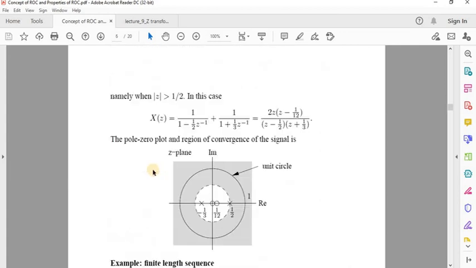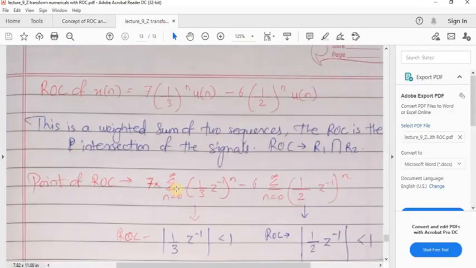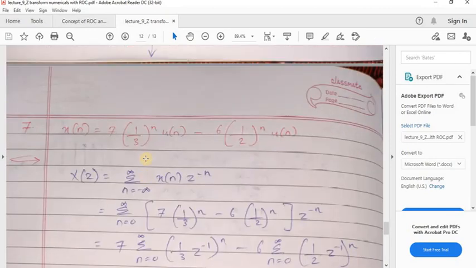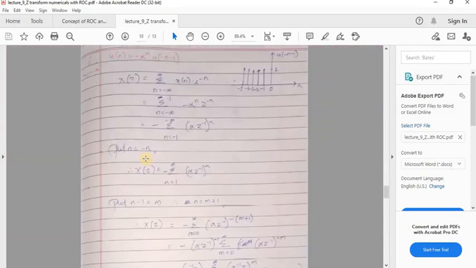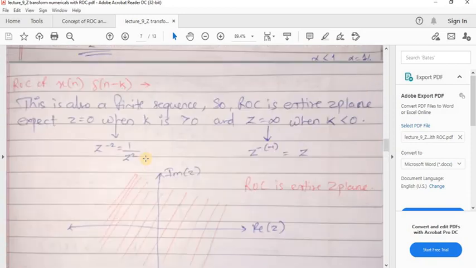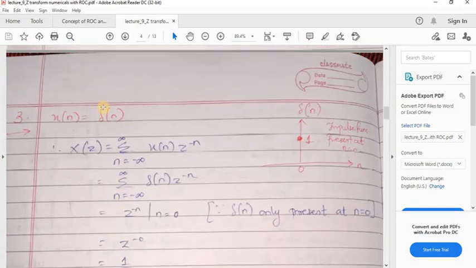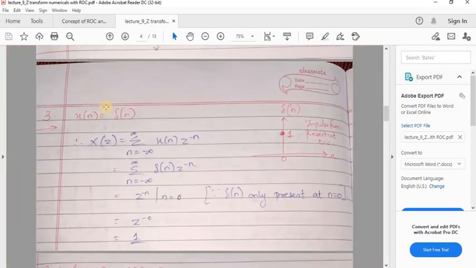Now if there is a finite length sequence, for example, this is a finite sequence, because I've shown you it is only present for x of n at n equals 0, otherwise it is 0, so it is a finite sequence.